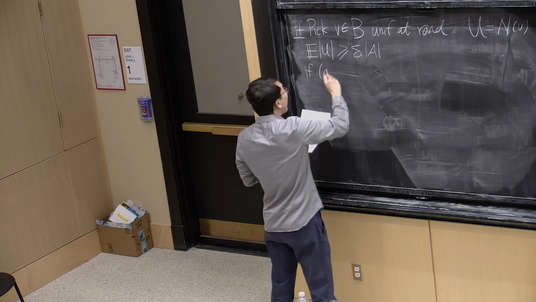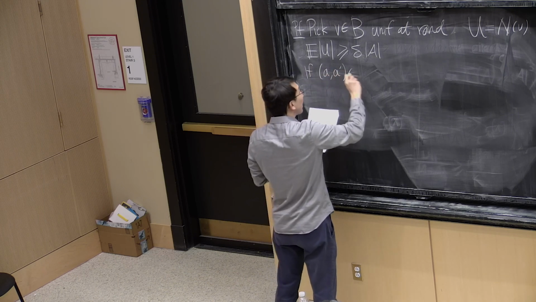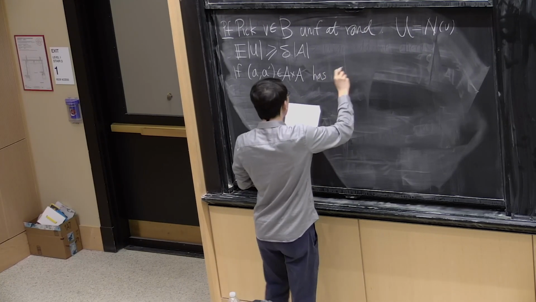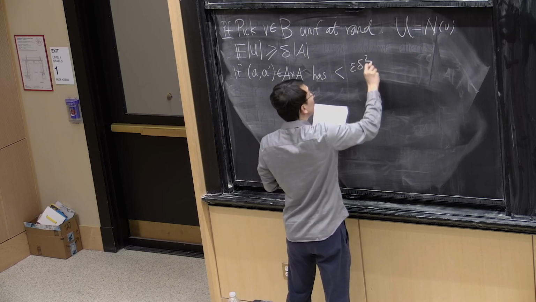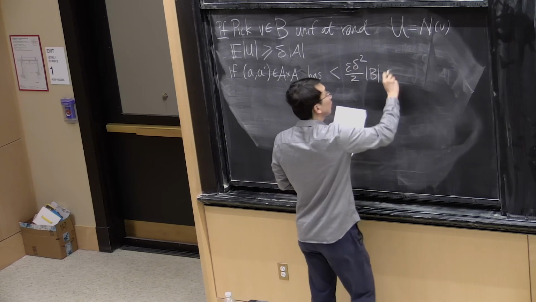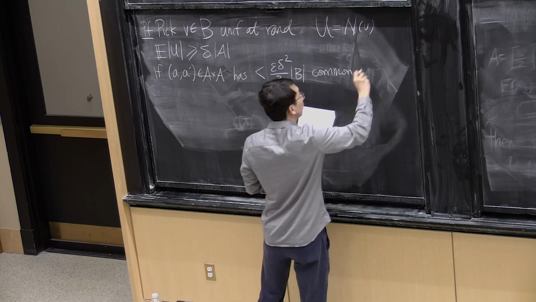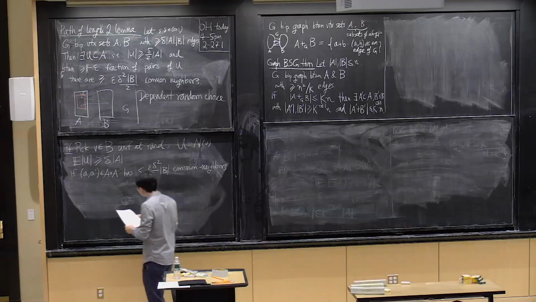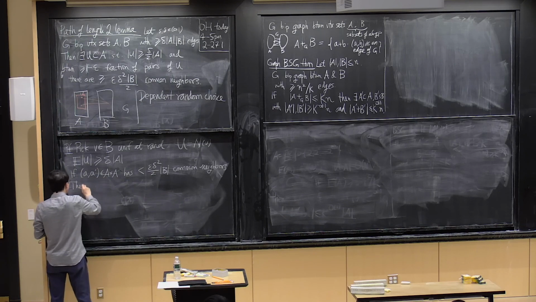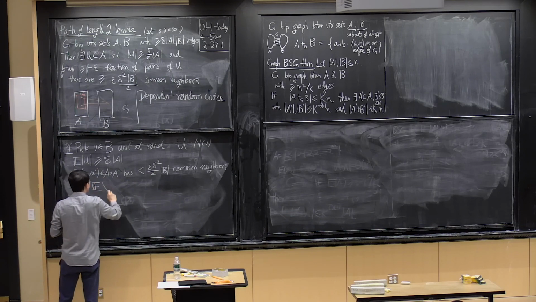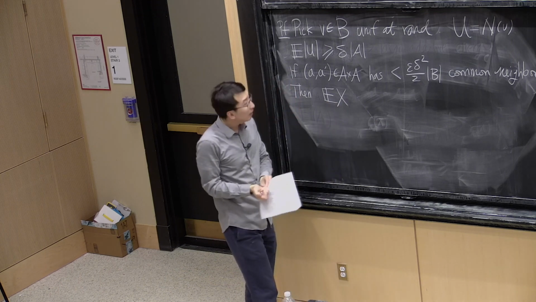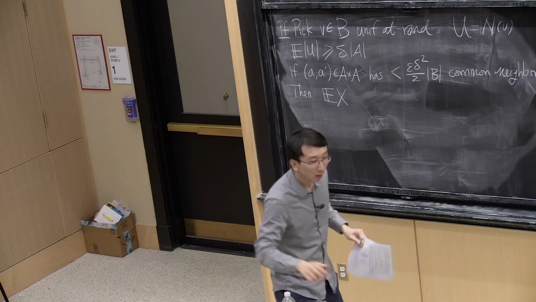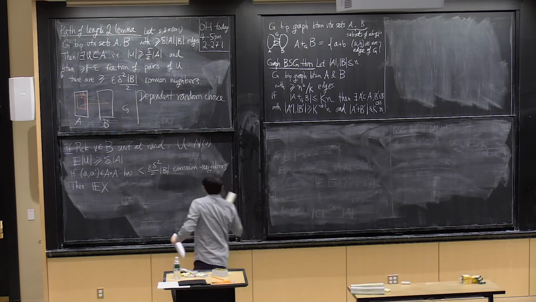If you have two vertices, A and A prime, in A with a small number of common neighbors, then the, okay, sorry, let me skip ahead a bit.